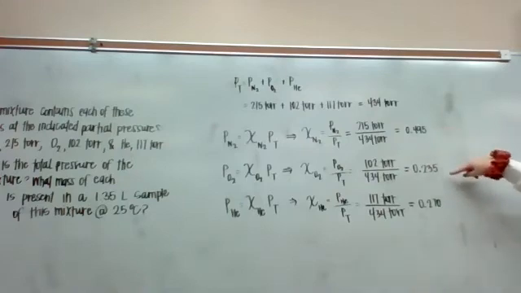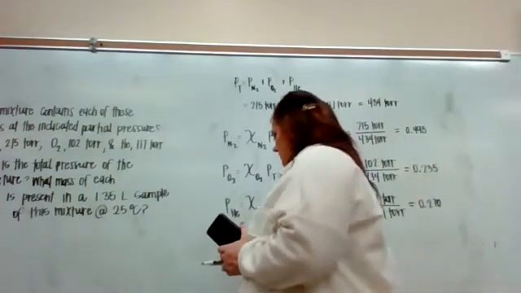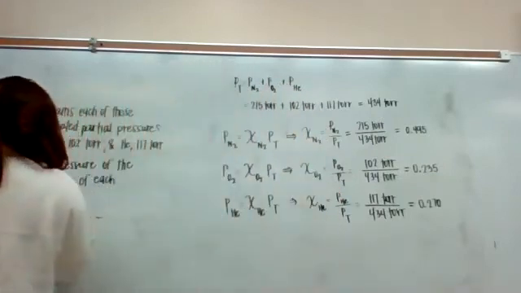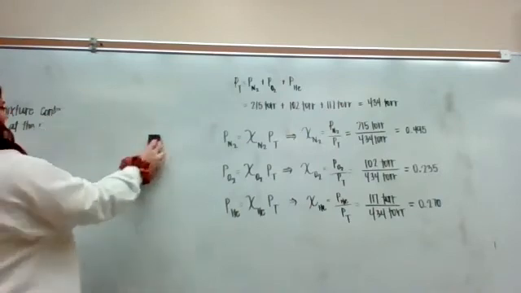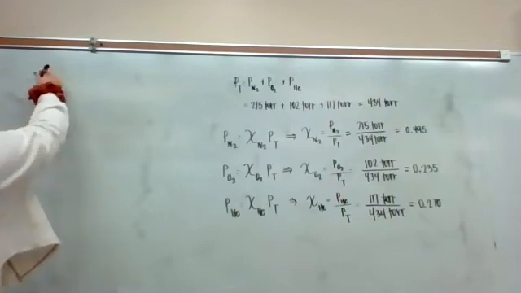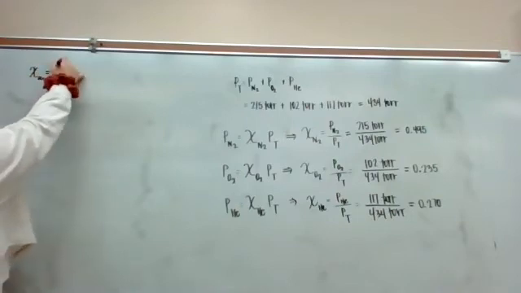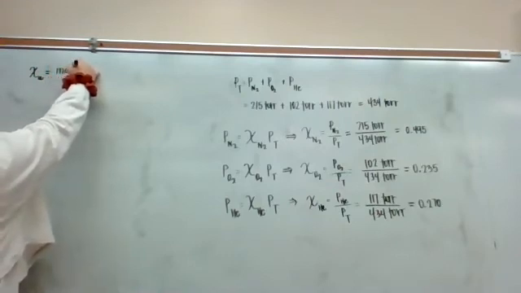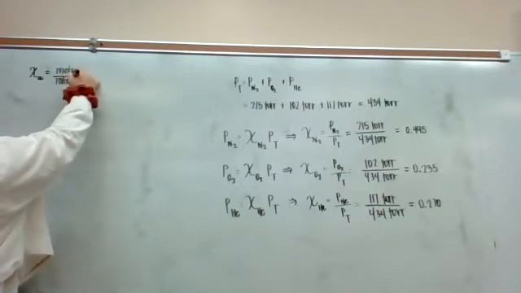All right, so here are my three mole fractions. I cannot stop there though. Can't convert that to grams. What I need is the moles. Remember, the mole fraction of, let's just say A, is the number of moles of A over total moles.